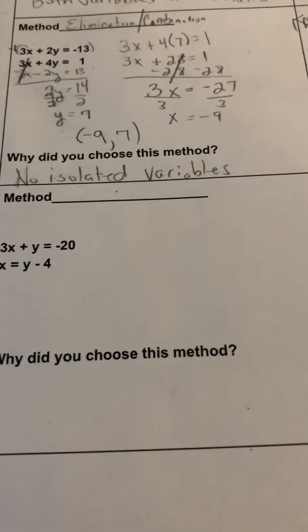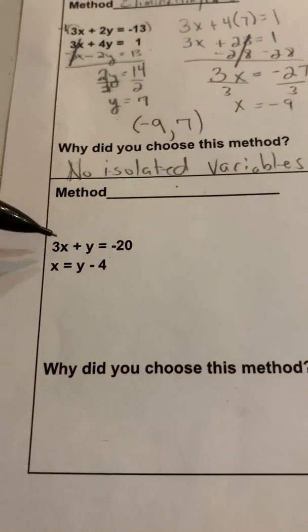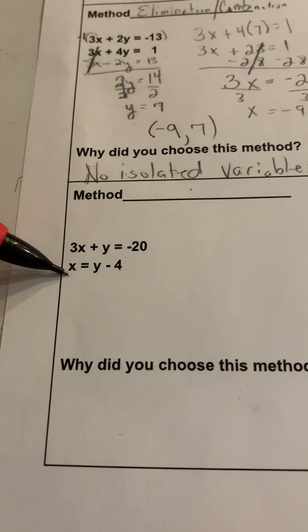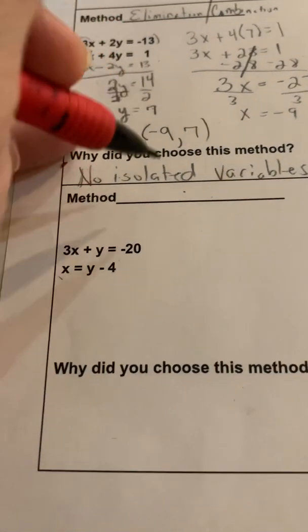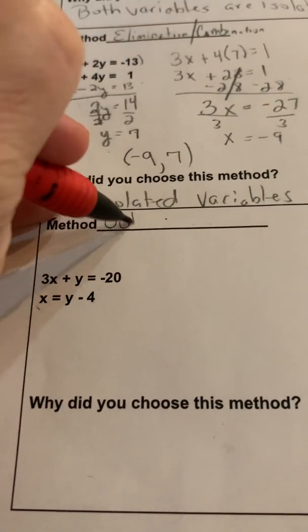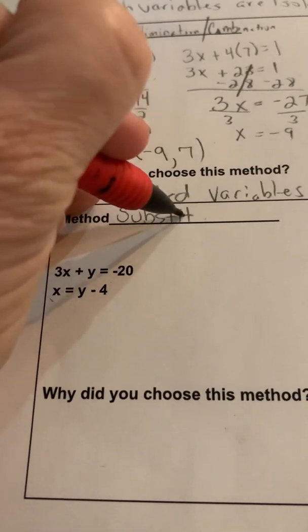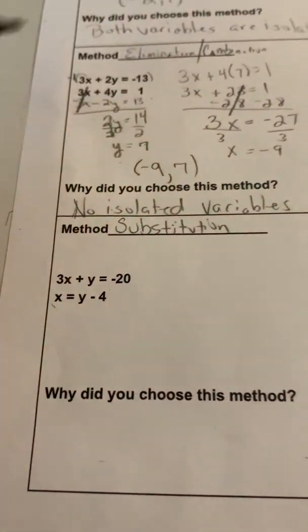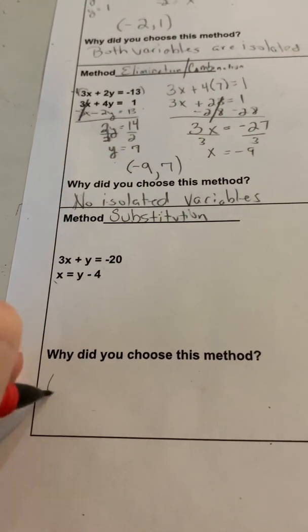For this last one, you can see that only one of the variables is isolated. So since one of the variables is isolated, we're going to use the substitution method.